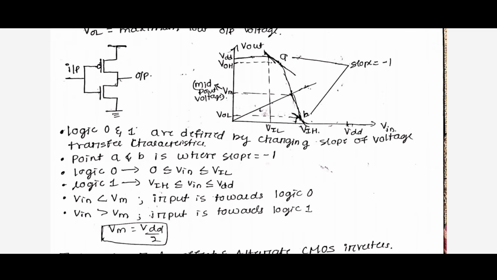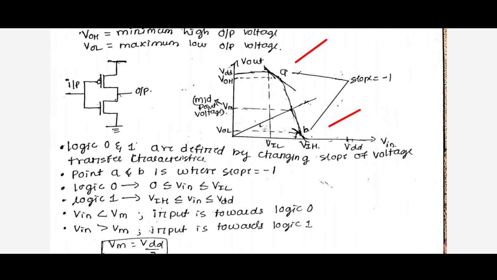Logical 0 and 1 are defined by the changing slope of the voltage transfer characteristics. Here you can see point A and point B. It is the point where slope equals minus 1.